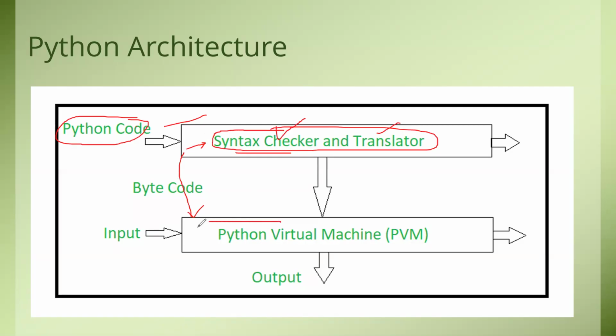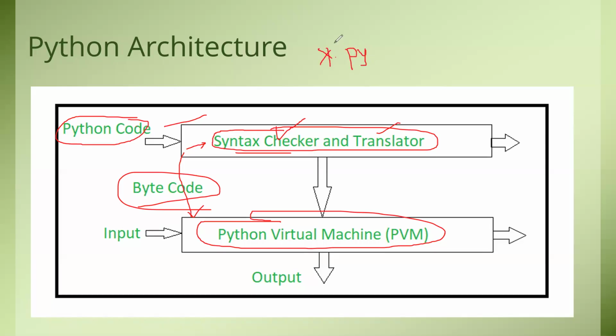Then we have the Python Virtual Machine, PVM, which is responsible for running any Python module as bytecode. So I have source code written in a Python script, in a high-level language. To execute this program, first the syntax checker in the Python architecture checks the syntax, and then the translator converts your high-level language into bytecode that is understandable by the machine.